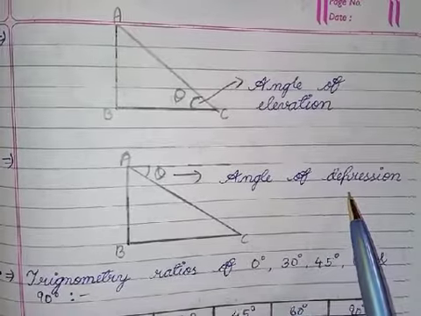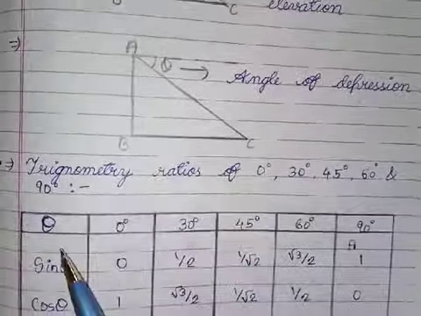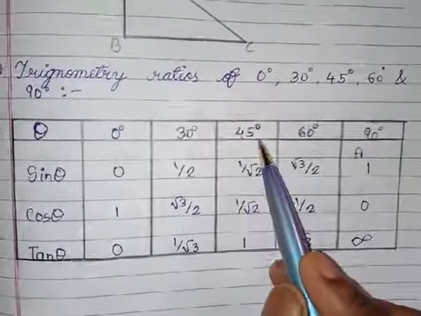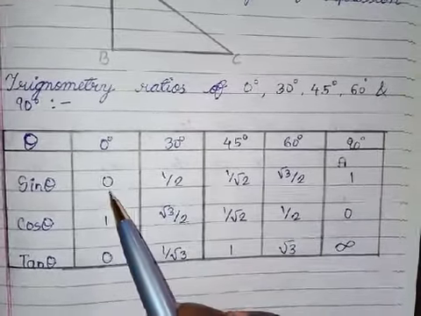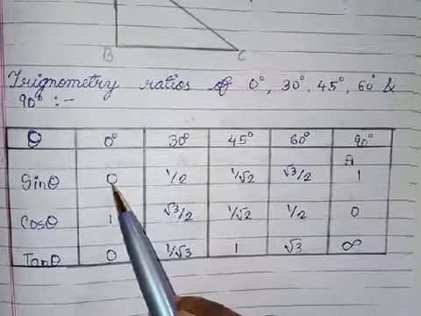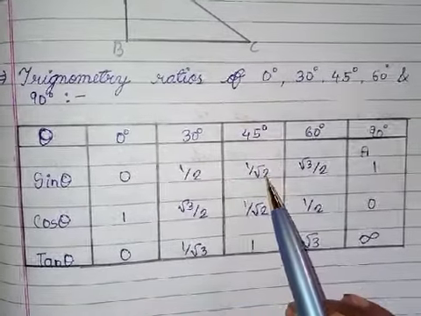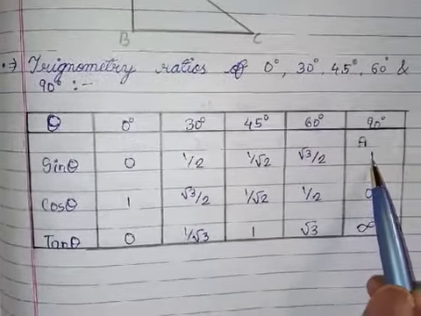Now the trigonometric ratios at theta equal to 0 degree, 30 degree, 45 degree, 60 degree and 90 degree. Sine 0 is 0, sine 30 is half, sine 45 is 1 by root 2, sine 60 is root 3 by 2, and sine 90 is 1.